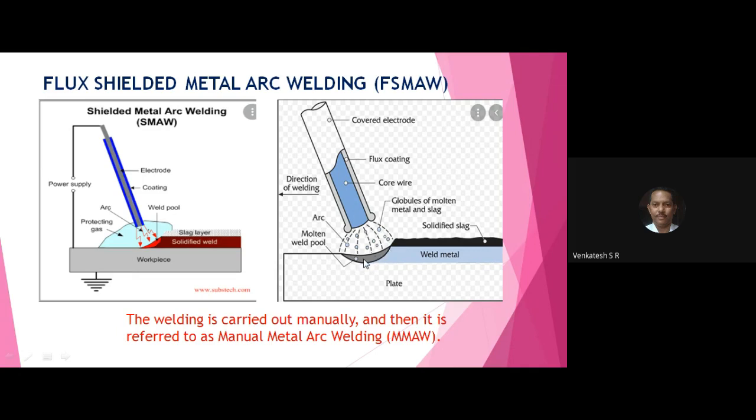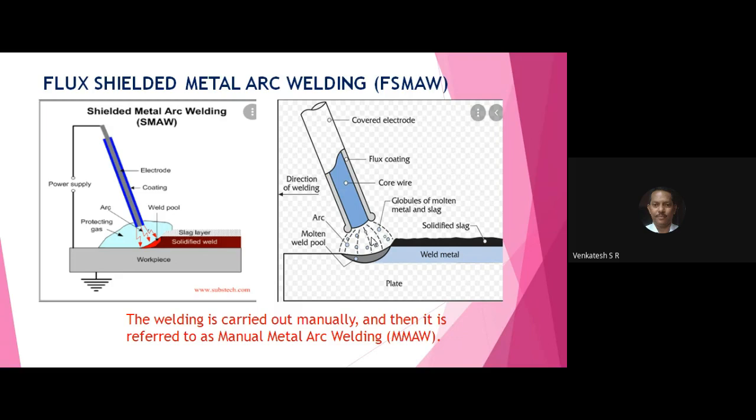See, all of you, please write down flux shielded metal arc welding, FSMAW. This is the principle of operation of flux shielded metal arc welding. When you strike the electrode to the workpiece joint, what will happen? An arc is established between the electrode and the workpiece joint.